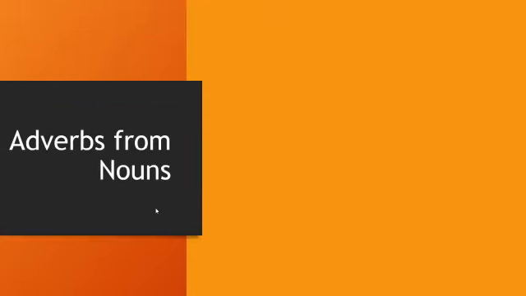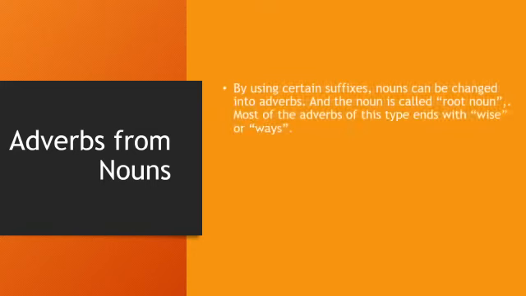The last one is about how we can form adverbs from nouns. There are a few adverbs which can be formed from nouns, but they have certain rules. Yes, by using certain suffixes, nouns can be changed into adverbs. You have to use suffixes, and the noun to which you add the suffix is called the root noun.